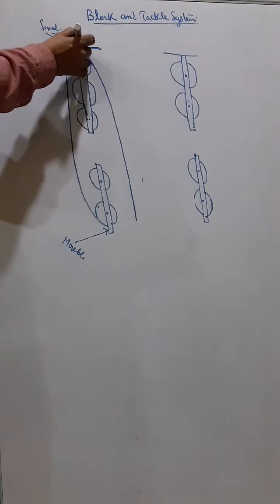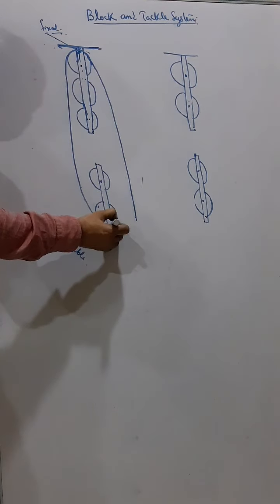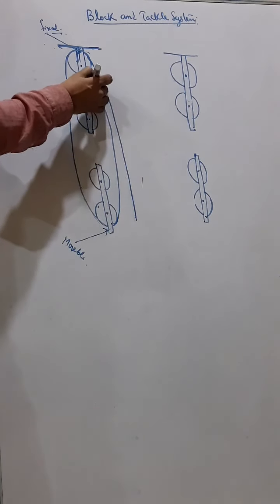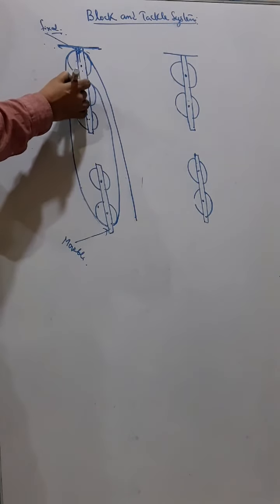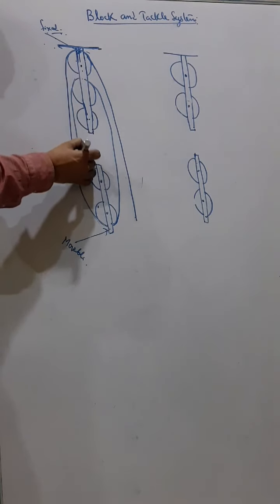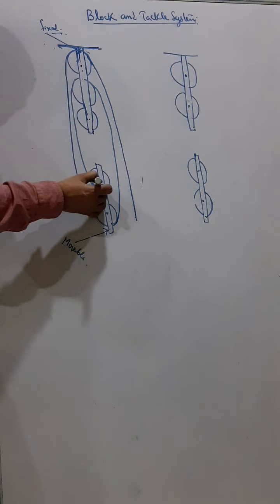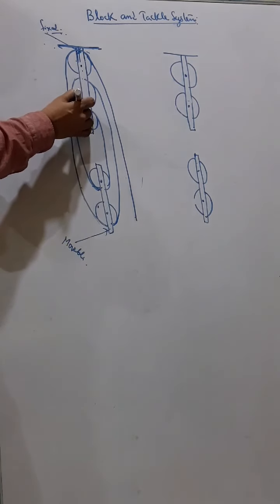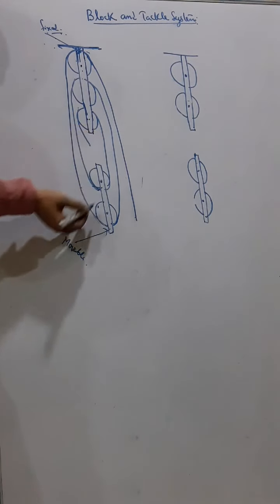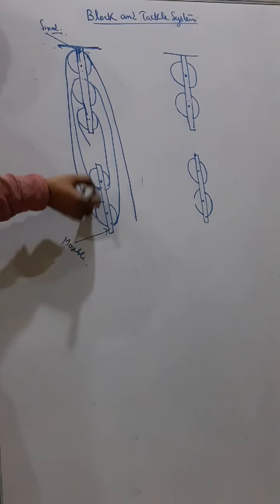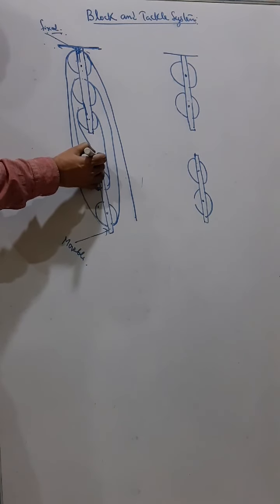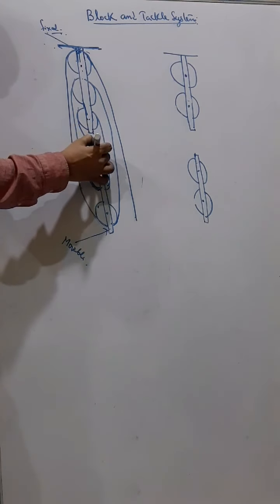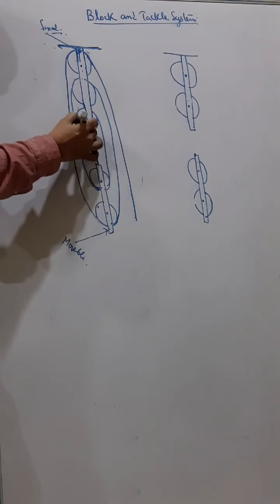So from the top to bottom, then again the next pulley of the top, and then the next pulley at the bottom, then again the top which is left, and then again the bottom. But now you can see at the bottom no pulley is left, so there will be a hook here, and you will fit this string with this hook.